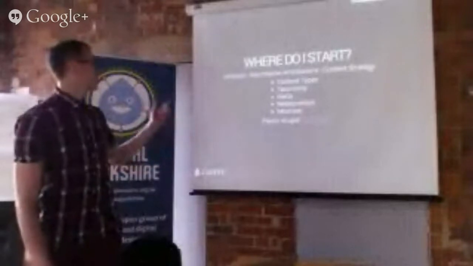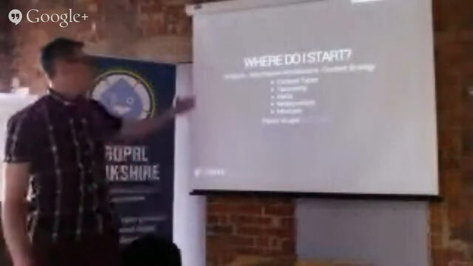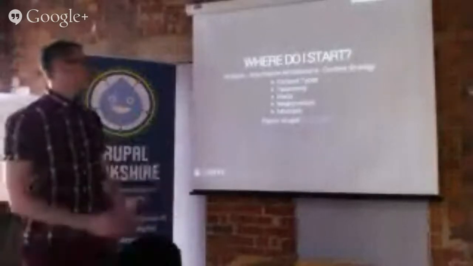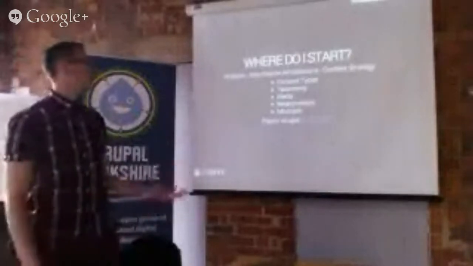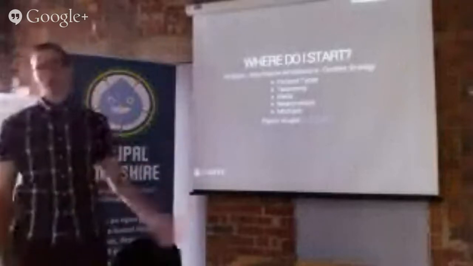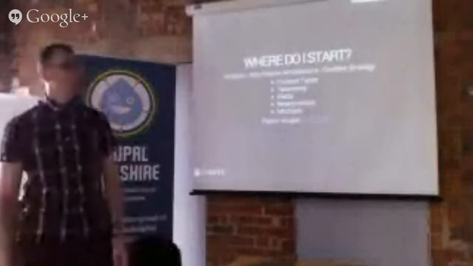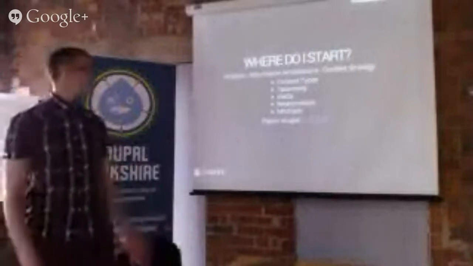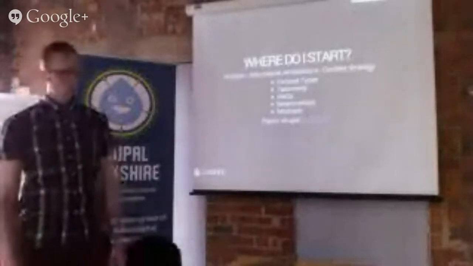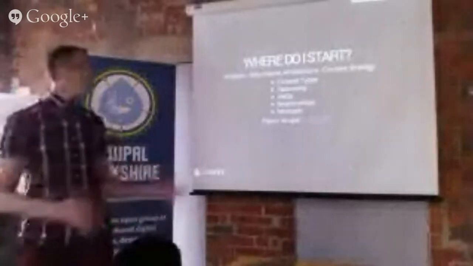When you're building a site, these are the 5 main things that you want to be looking at: content types, taxonomy, fields, relationship modules, lots of different terminology that's Drupal specific or seems to be Drupal specific. But the best place to start is the analysis of what it is you're trying to do. So, breaking a problem down into its components.